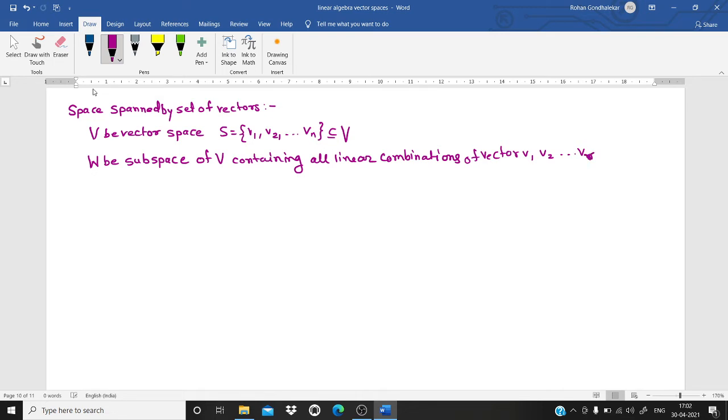Or say you can take some vectors, so I just write V1, V2 up to Vr, where r is less than or equal to n, of S. Then W is called the space spanned by the set of vectors capital S. Is it clear? Fine.